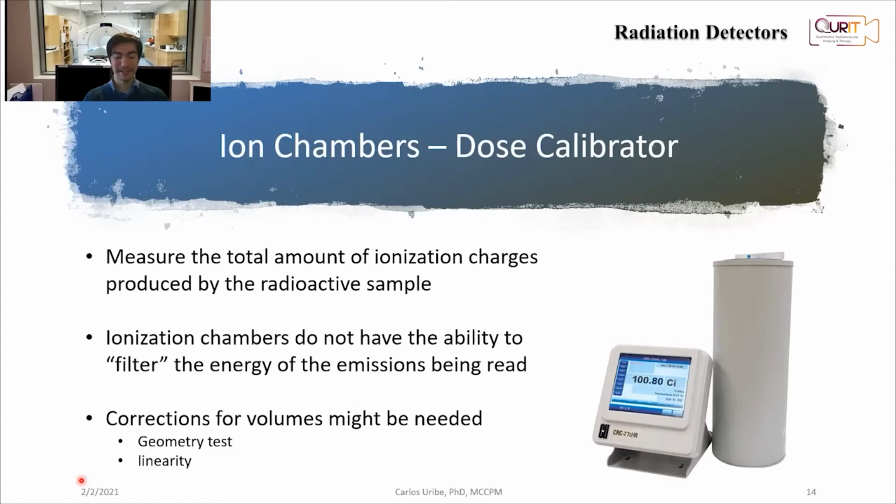We're saying, I have this current, I multiply by this factor, it gives me some activity. But is that factor going to be the same if you're measuring 1 megabecquerel or 100 gigabecquerel, for example? Is it going to be the same calibration factor through a big range of different activities? That's what we call a linearity test.